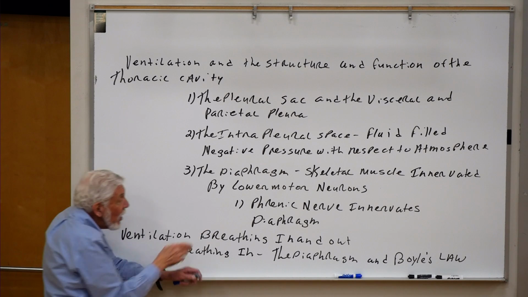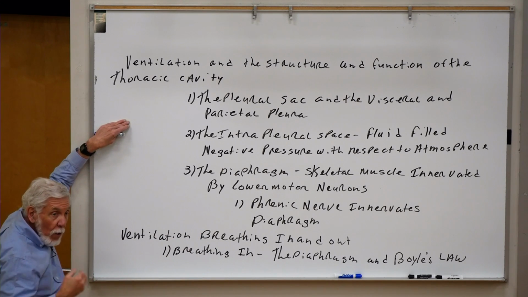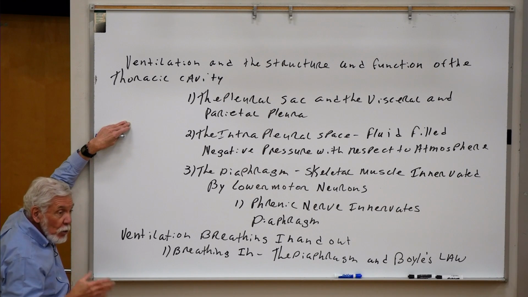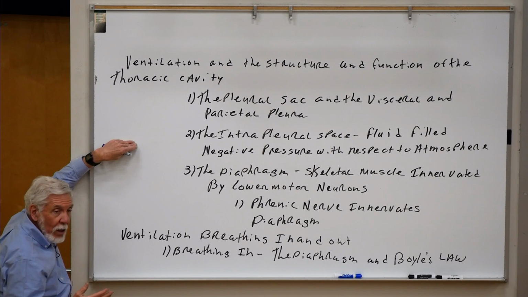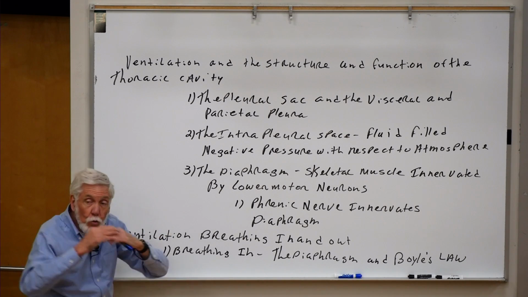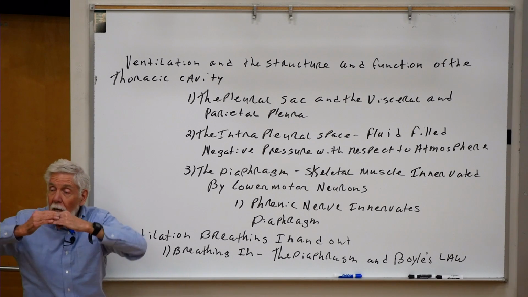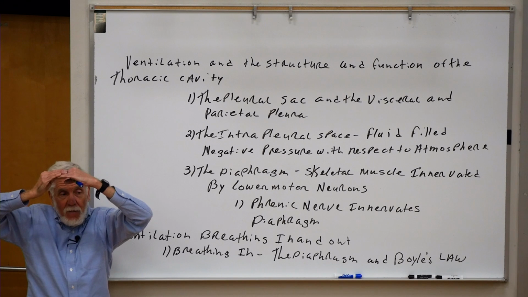Now, when we activate those lower motor neurons, they fire action potentials, which arrive at the neuromuscular synapse. They release acetylcholine, going through the same story we've seen so many times before. That causes contraction of the diaphragm. Normally, the diaphragm is domed. It sticks up into the thoracic cavity.